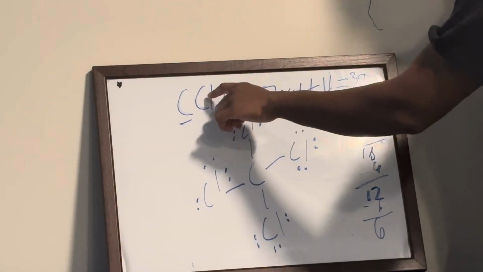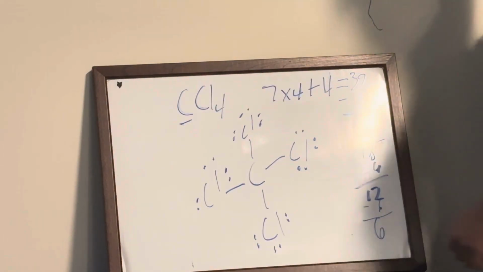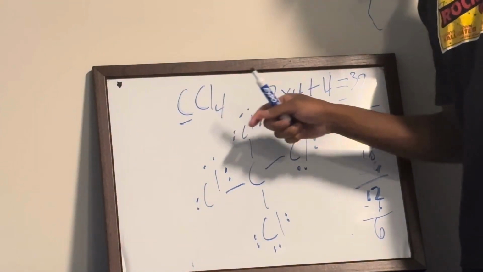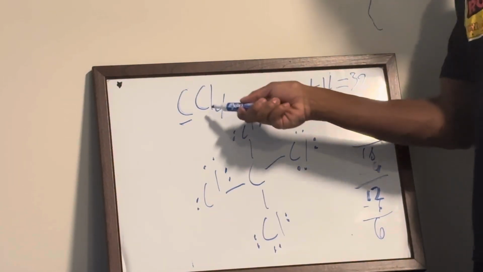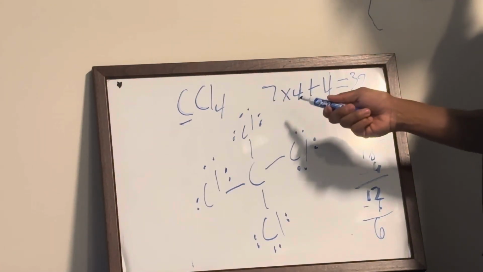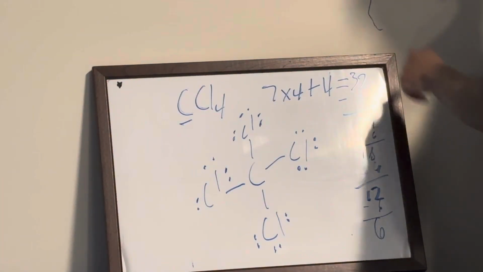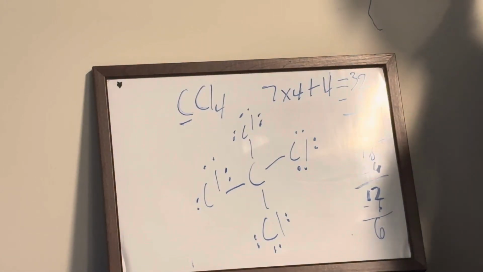Chlorine has 7 electrons, and there's 4 of them, so that's 7 times 4 is 28, plus another 4, which gives us 32 electrons, right?